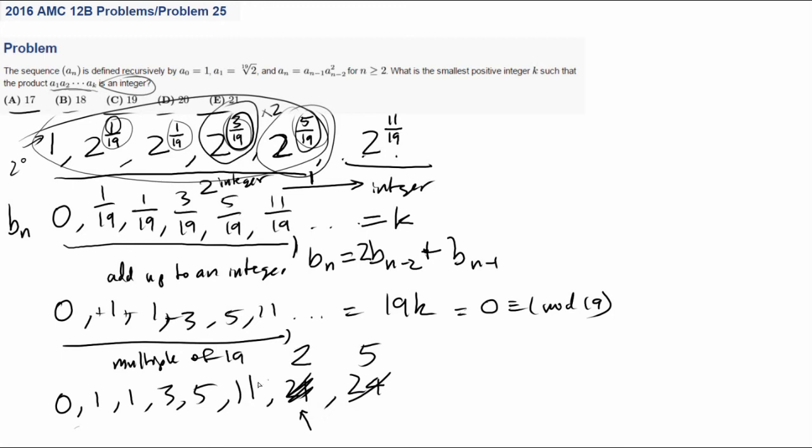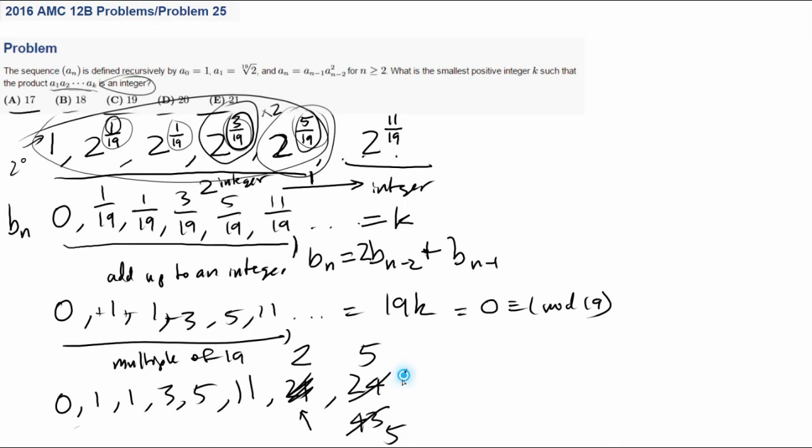So if we actually just use 21, that would be 22 plus 21, which is 43. Notice that this is still 5 mod 19. It doesn't change. That makes our job substantially easier.